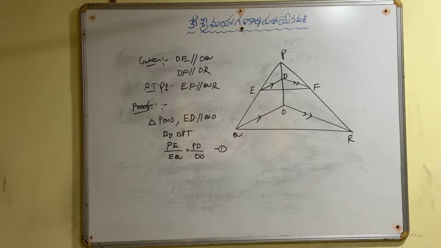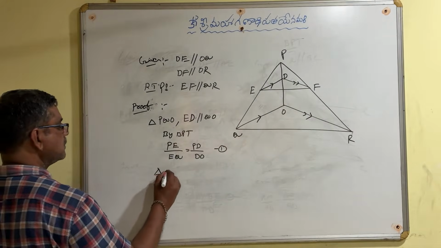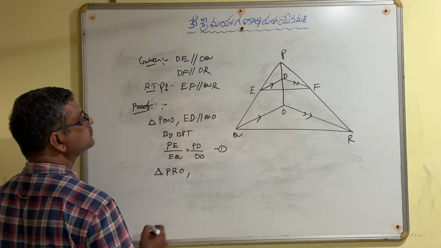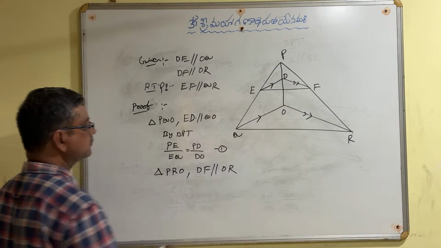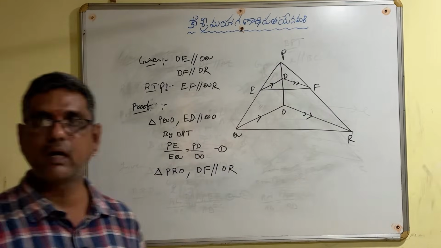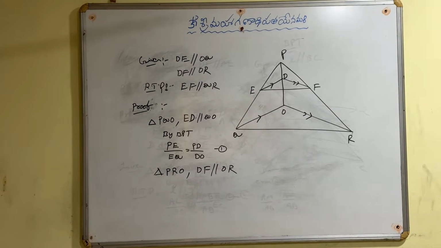Now, consider triangle PRO, or POR, whatever it may be. In that, DF is parallel to OR.